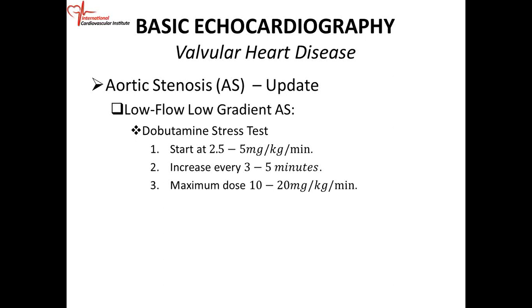But this is low dose dobutamine, 2.5 to 5. And we're going to increase the dose every 3 to 5 minutes to a maximum of 10 to 20 micrograms per kilogram per minute. With a regular dobutamine stress test, we go up to 40 or 50. This is a low dose, okay?